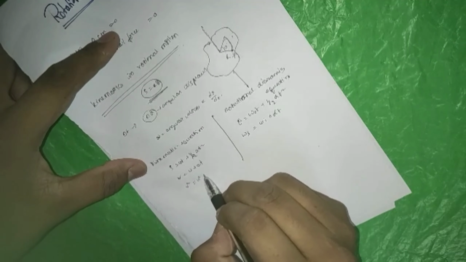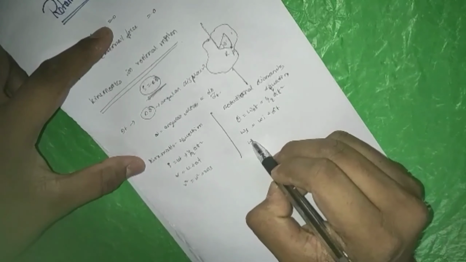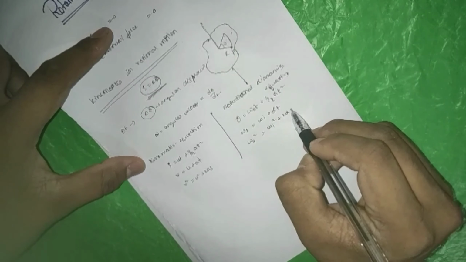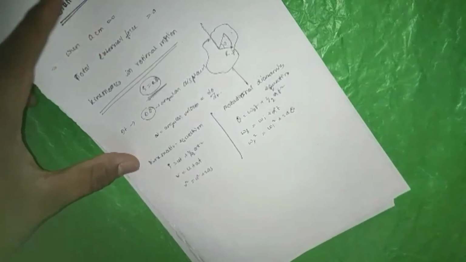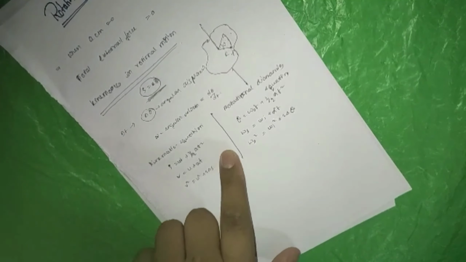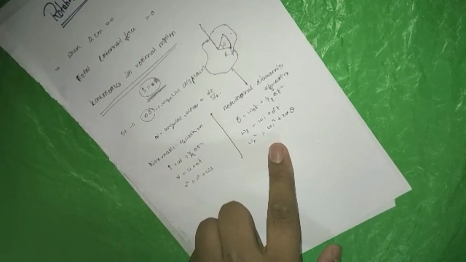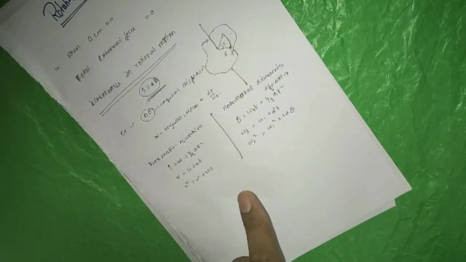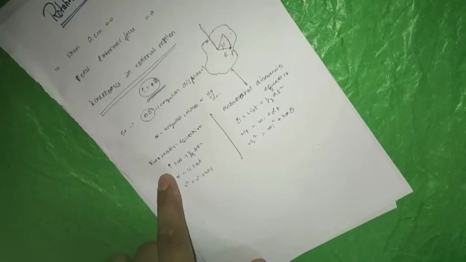V square is equal to u square plus 2as becomes omega final square is equal to omega initial square plus 2 alpha theta. Both sets of equations are similar, but the notations are different. Here you get s and theta, and the meaning is somewhat similar, because one is in rotational motion and the other is in linear motion.